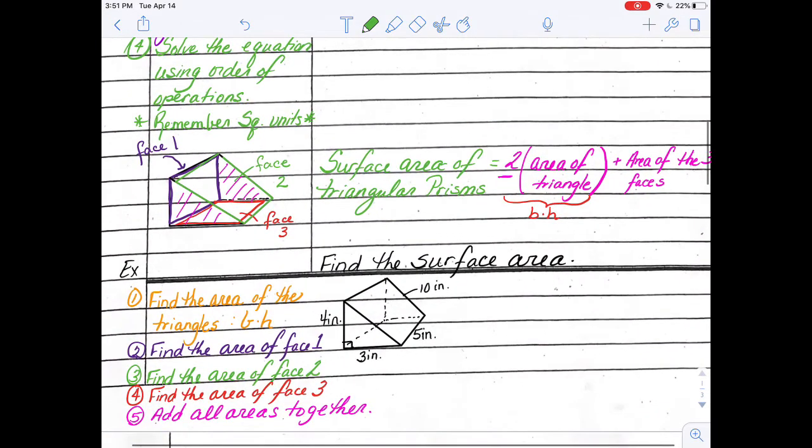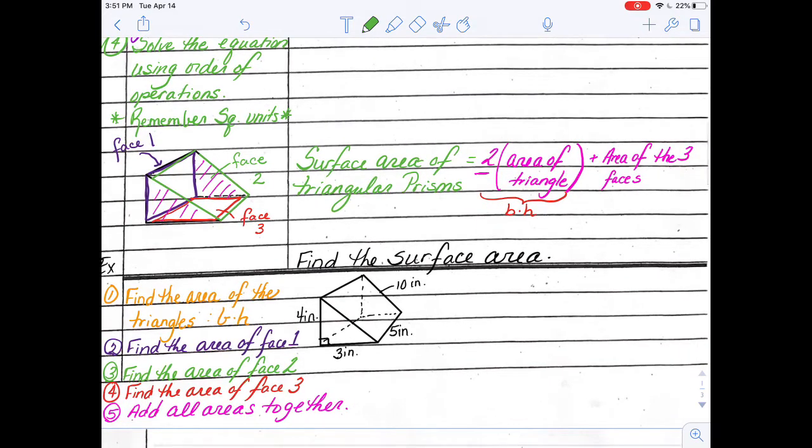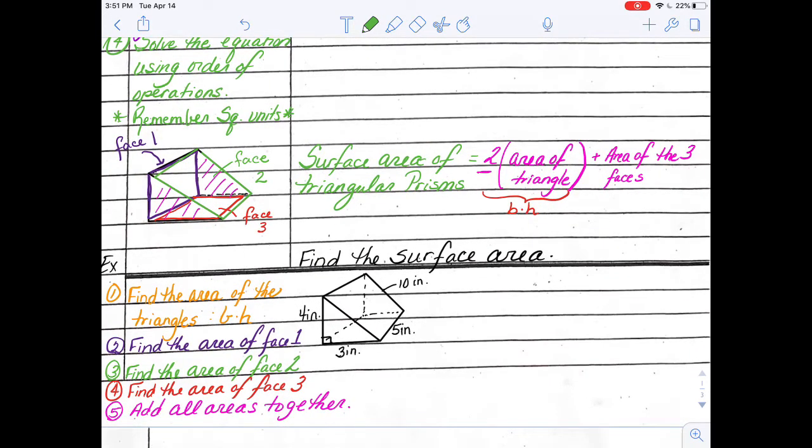Now, I will say surface area of triangular prisms can be a little bit more complicated. Not too bad if you really think of it again as you are just finding the area of every single side of the shape. Now, your only two that are exactly the same are really your triangles, your bases.